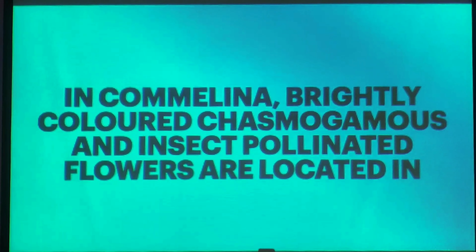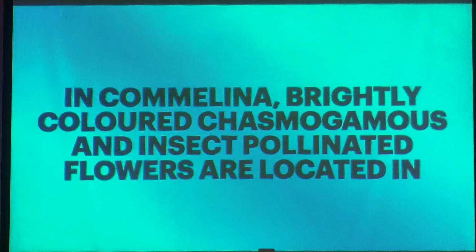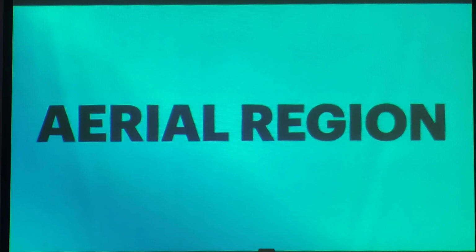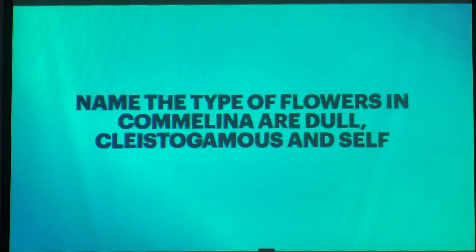In Commelina, brightly colored chasmogamous and insect-pollinated flowers are located in the aerial regions.